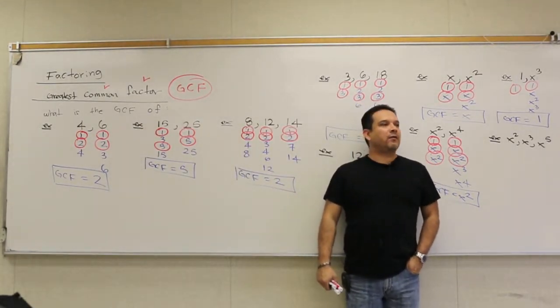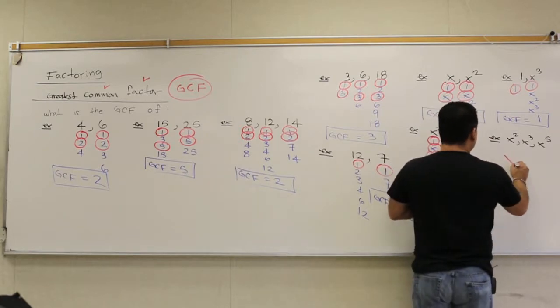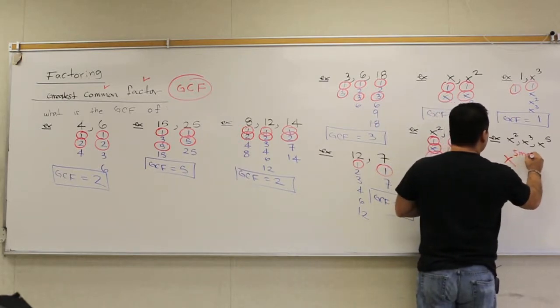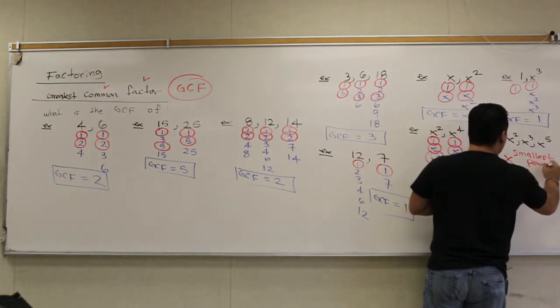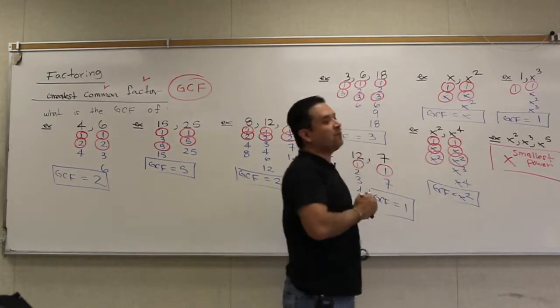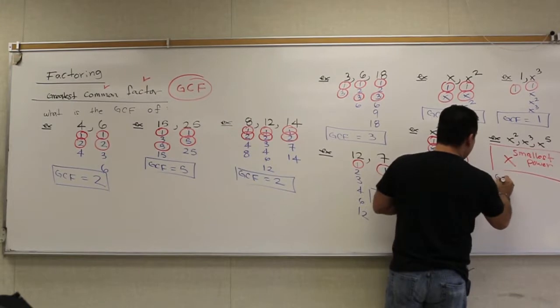What's the pattern? It's x to the what? It's x to the smallest what? Power. What is x to the smallest power in this case? Anybody want to tell me?